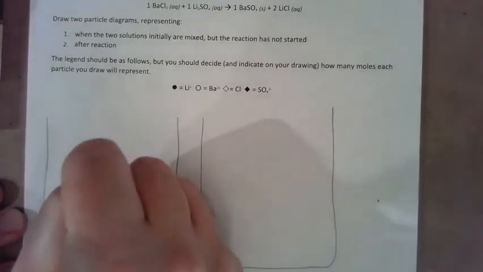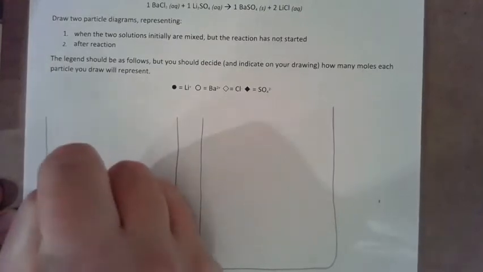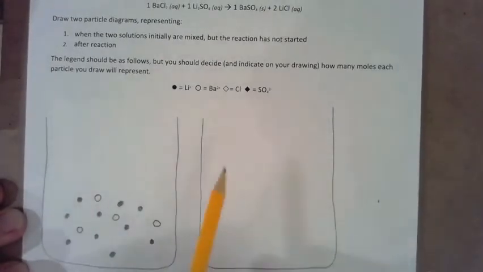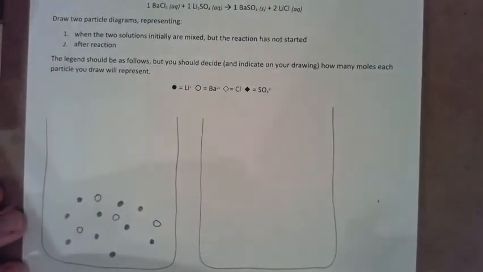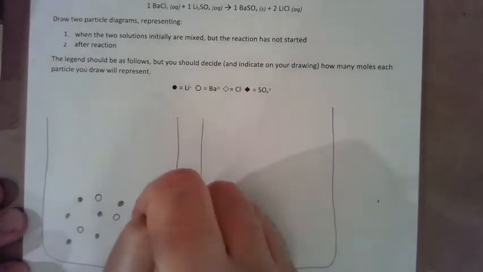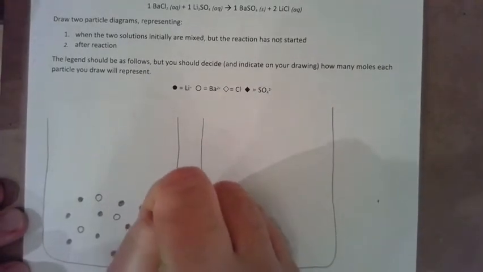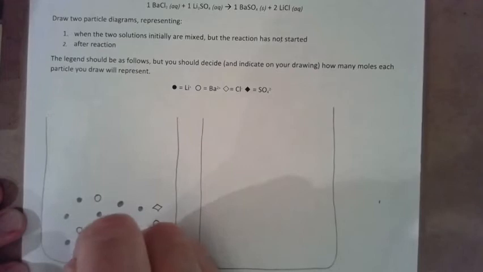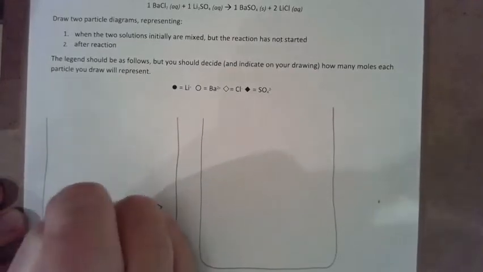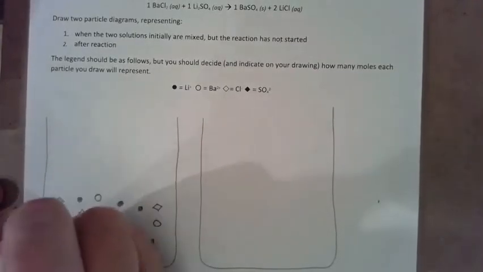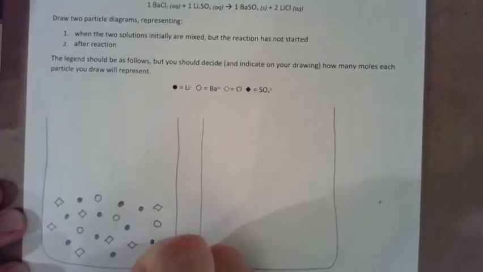And again, we're not really that concerned about the size of the ions right now. We have 0.8 moles of chloride, so we're going to go ahead and draw 8 of these diamonds. 1, 2, 3, 4, 5, 6, 7, 8.